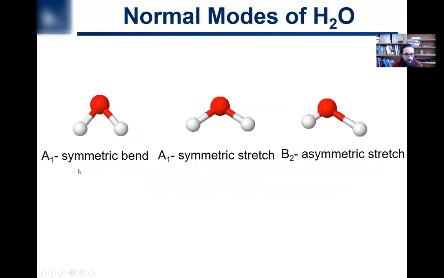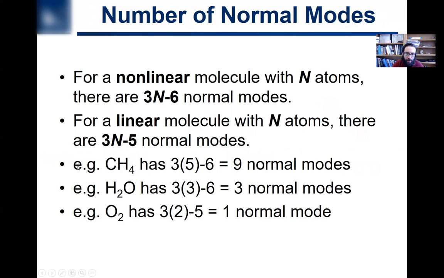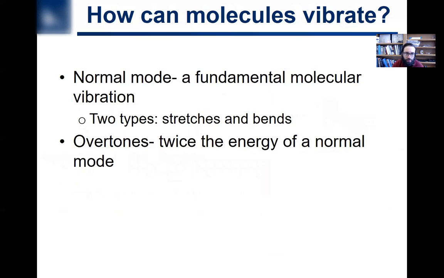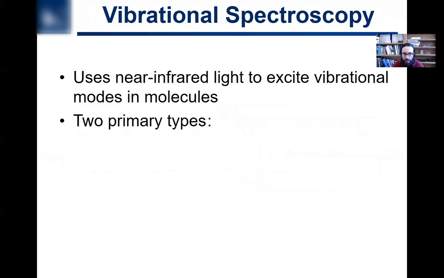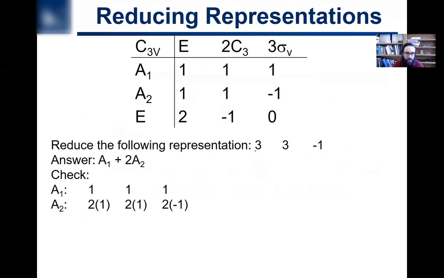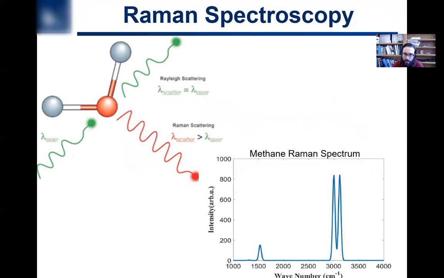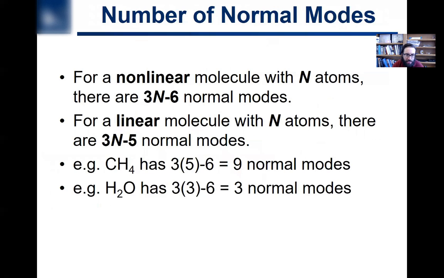But this is a symmetric bend. It's A1. So strictly, from a group theory standpoint, if we call something symmetric, that's going to be something with A1 symmetry, something that has ones across the board in the character table. Everything else we'd classify as asymmetric. But that's not too important.